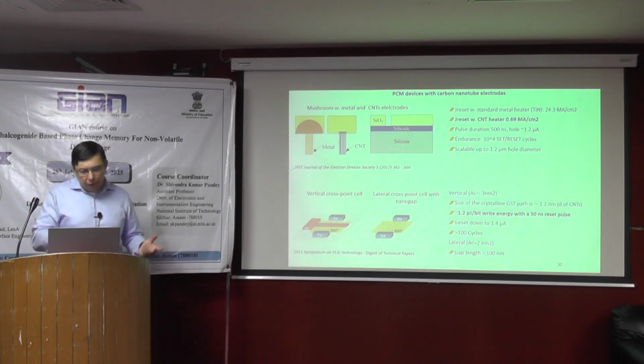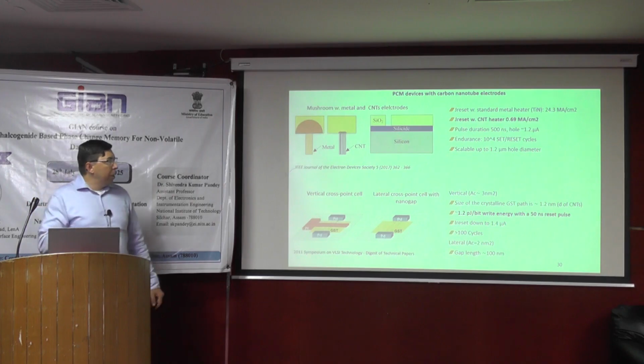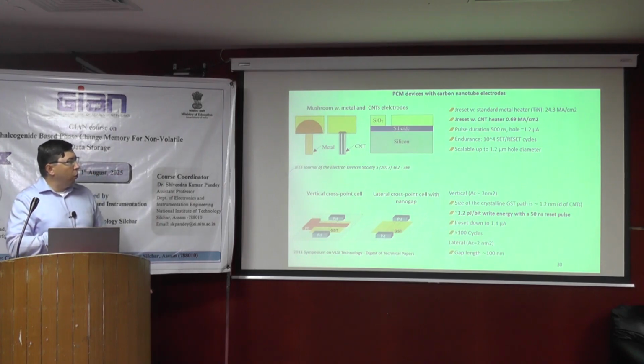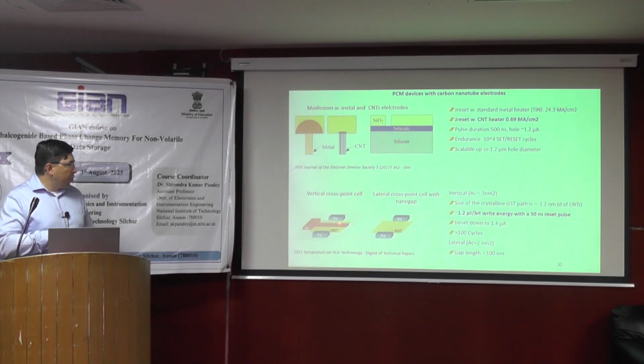We want 100 seconds, but just to achieve this value, they needed to use it. Endurance was 10 to the 4. It's also not good, but it was scalable in the whole diameter. This is also line cells based on GST and different electrodes.